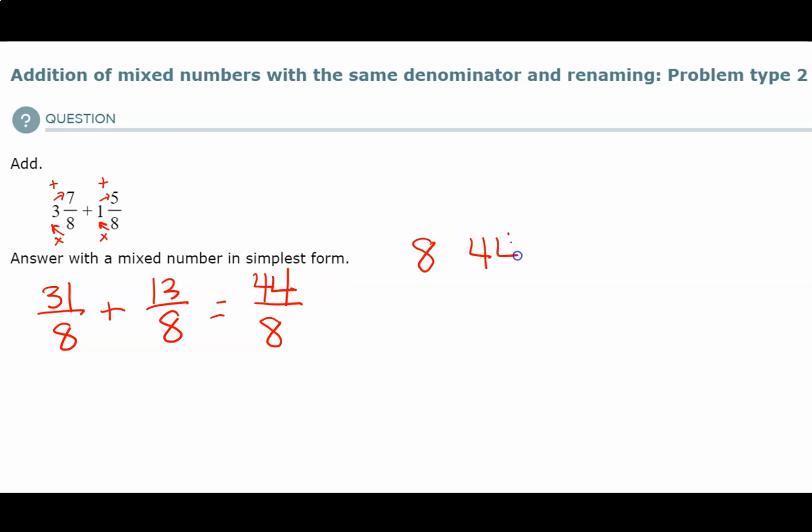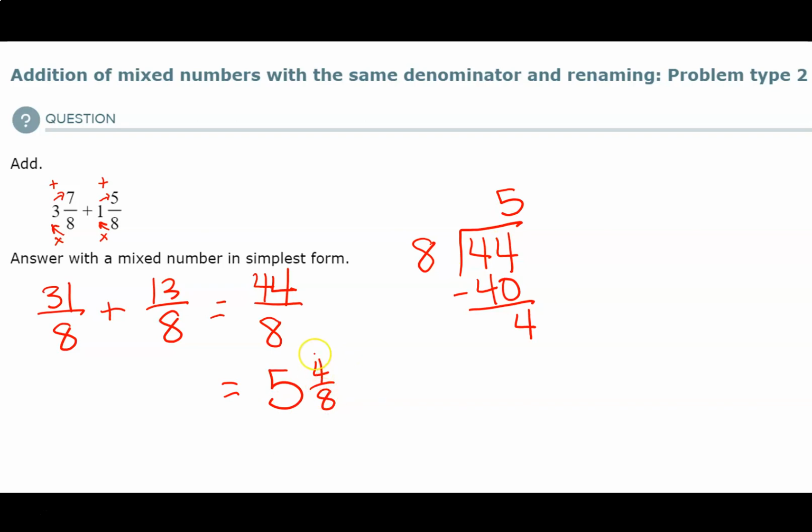8 goes into 44. Let's see, 8 times 1 is 8, 8 times 2 is 16, 8 times 3 is 24, 8 times 4 is 32, 8 times 5 is 40, that's probably as close as I'll get. And I have 4 left over. So this will be the same as 5 wholes and 4/8 of another one.